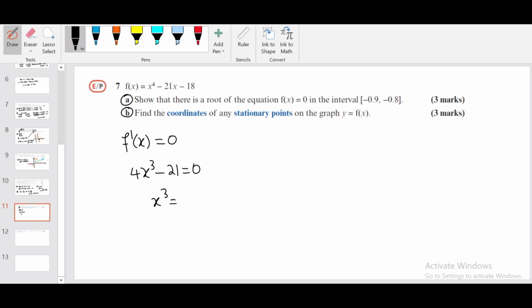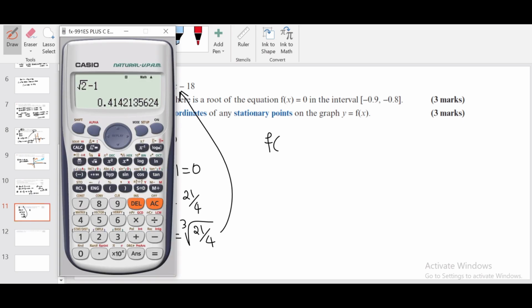x cubed is 21 over 4. x is cube root of 21 over 4, right? And then sub in the value into the function to find the y coordinate. So f of cube root of 21 over 4.